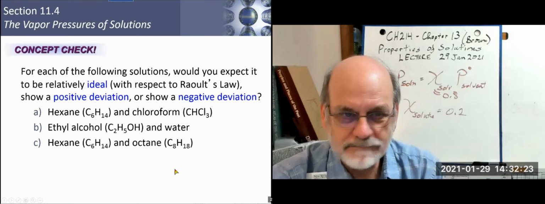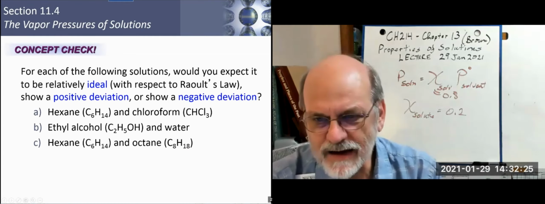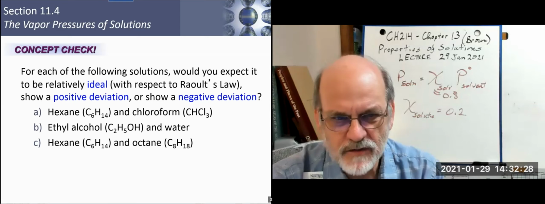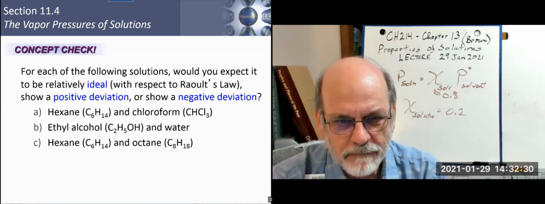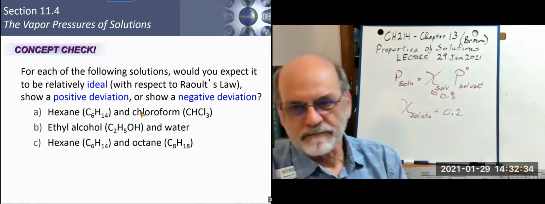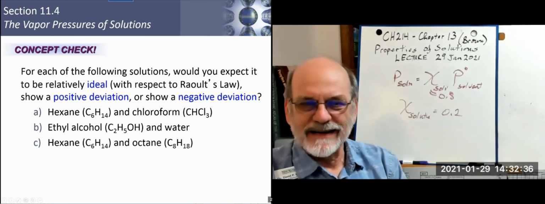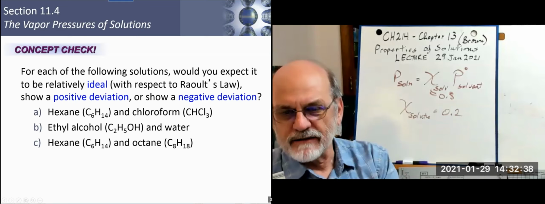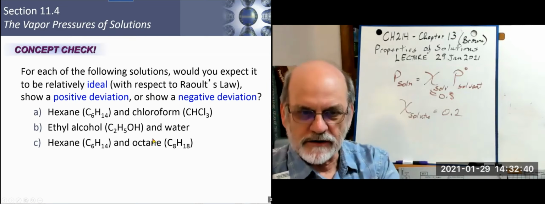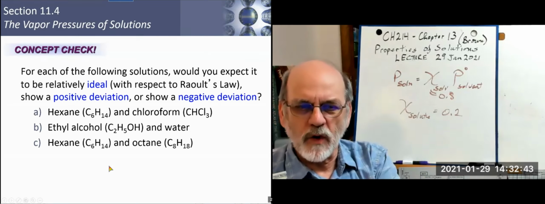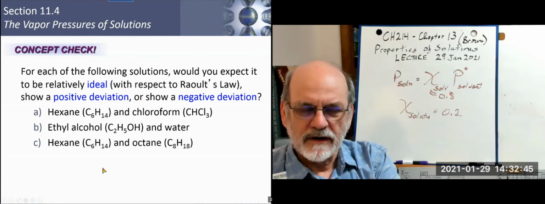Okay, let's see. I don't want to run out of time, so let me see if this is worth spending time on. Yeah, possibly we should. Okay, would you expect ideal or positive or negative interaction for these various ones? Let's see if we can find one where the interaction is ideal.